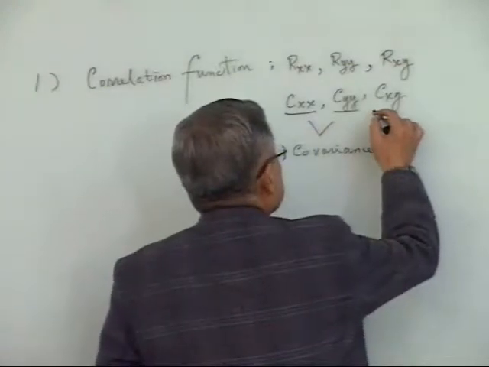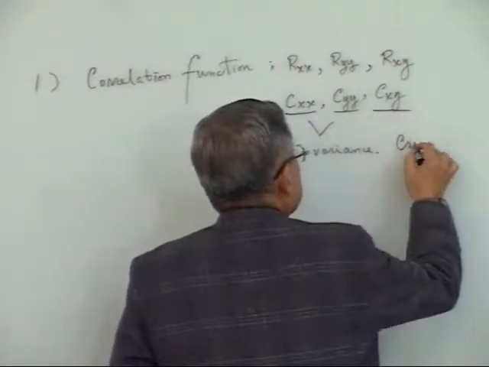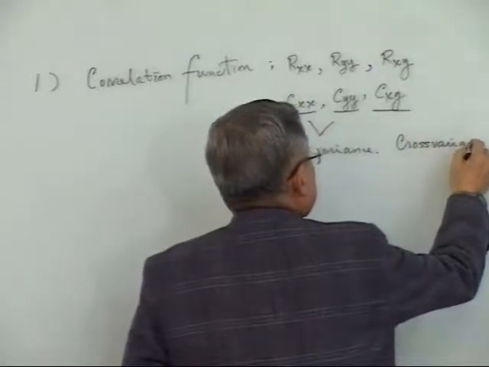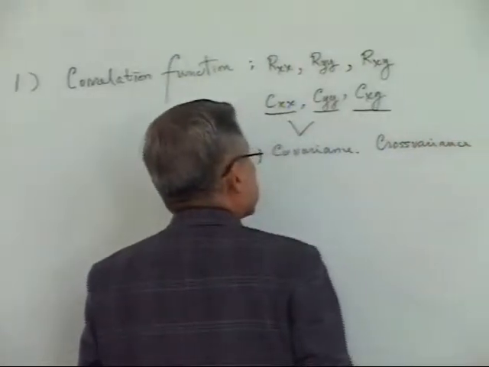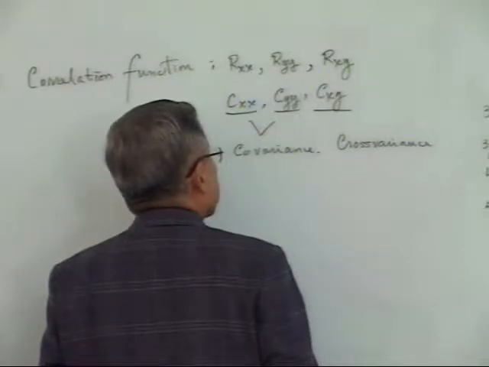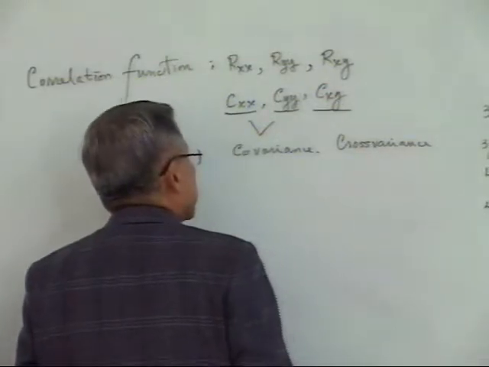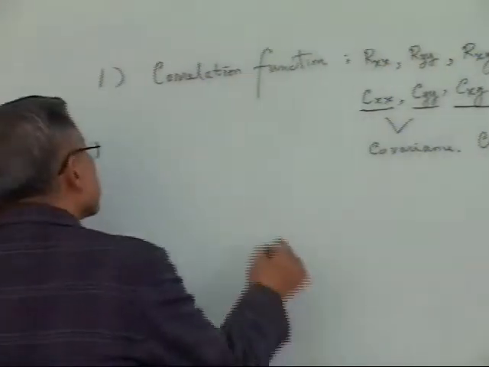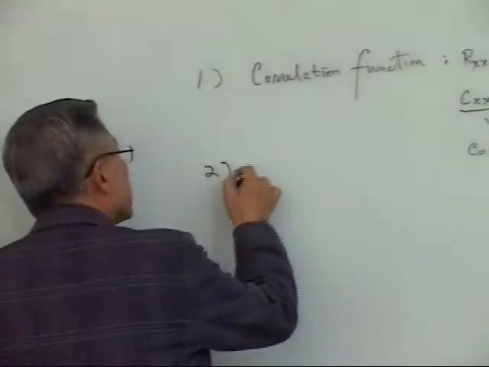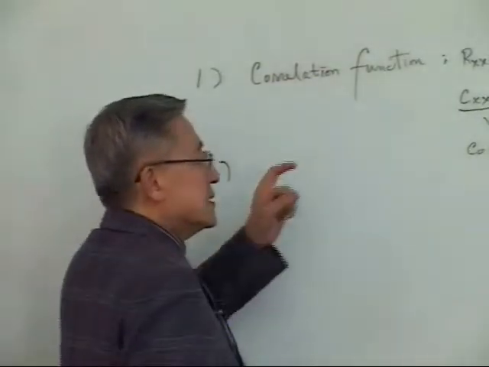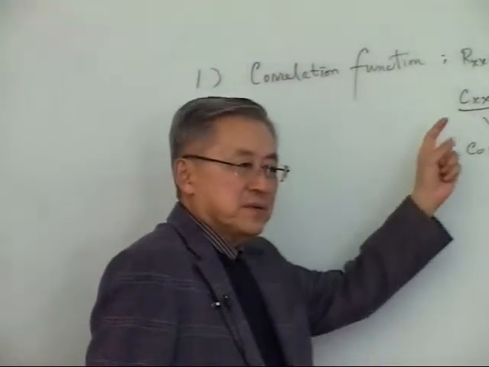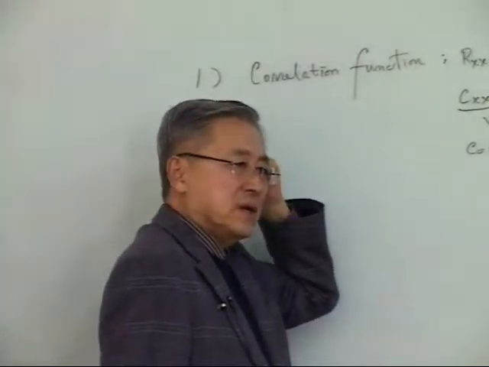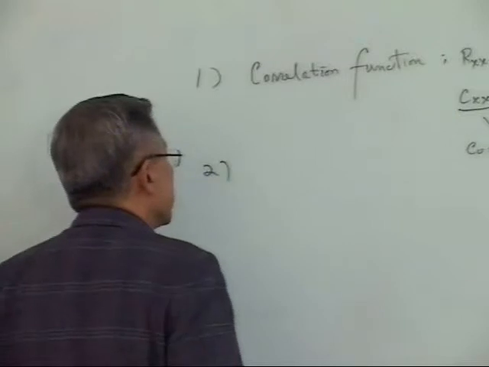And this is called the cross covariance function. We're still going to clarify everything about the correlation and the correlation function.